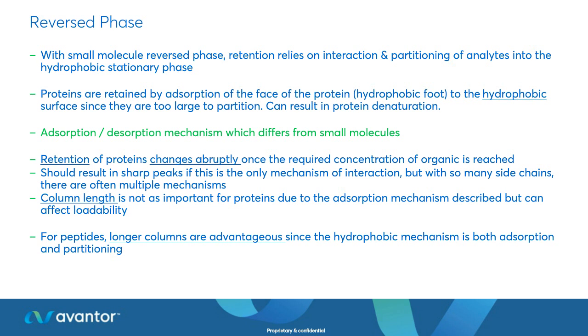And that happens all the way down the column. When you have a protein, it's much more an adsorb-desorb, on-off type mechanism. So in theory, we should get really nice, sharp peaks with our methods because you just get a touch on the surface and then a desorption from the surface.